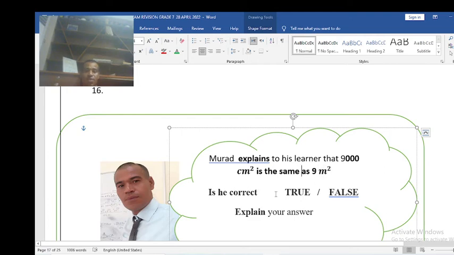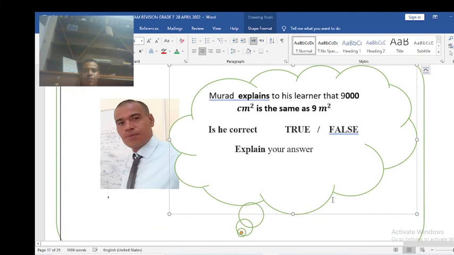Is Mr. Murad correct? If it is correct, circle true. If it is false, circle false, and then you should explain your answer. Clear? So let's do this one.